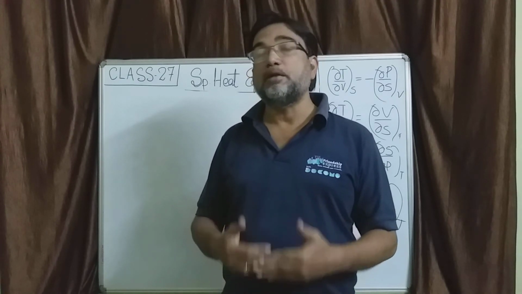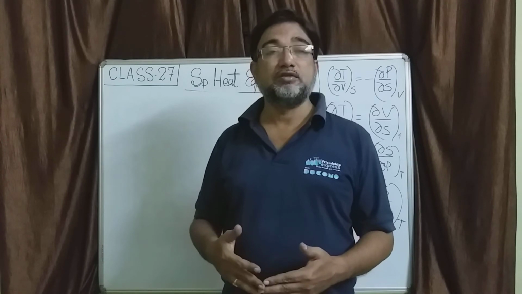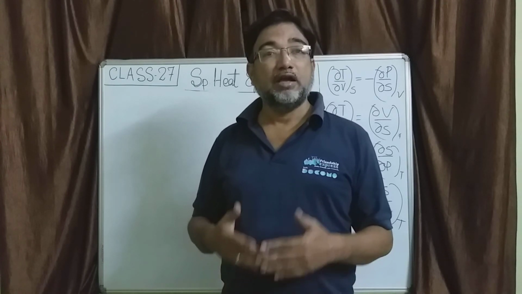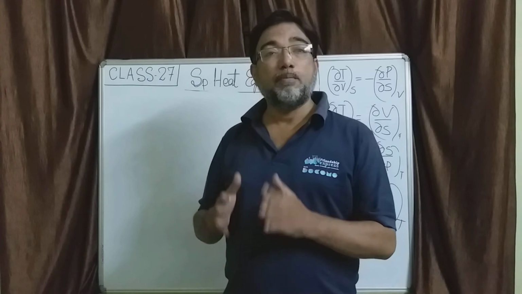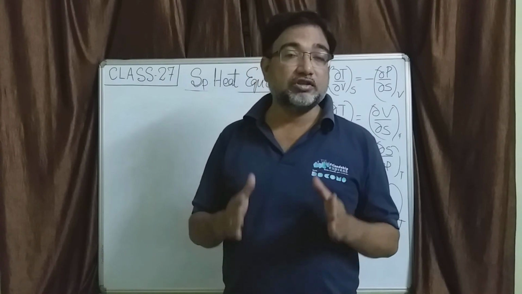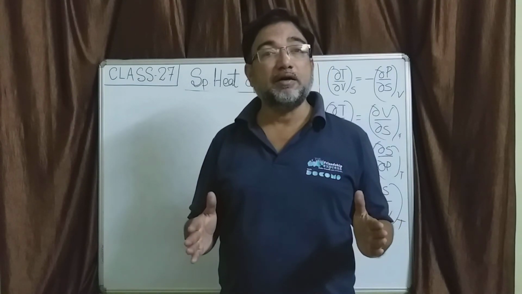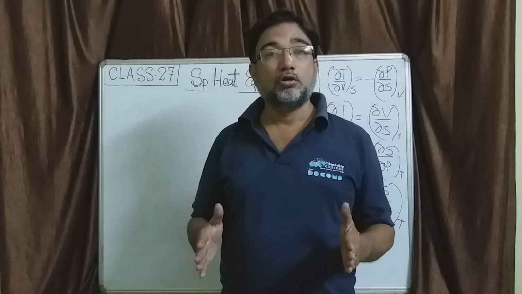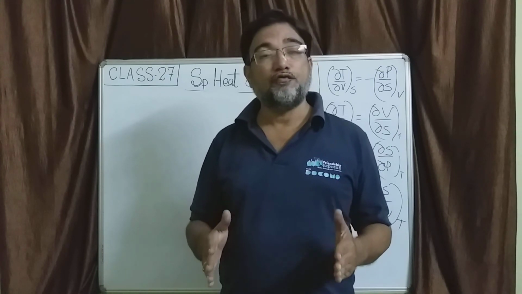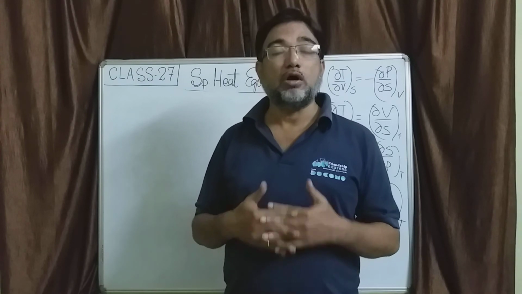And today we concluded mathematically that Cp minus Cv is greater than 0, and that Cp is greater than Cv by an amount equal to R. What is R? R is the characteristic gas constant or specific gas constant. But this statement Cp minus Cv is equal to R is true only and only and only for an ideal gas which obeys the law PV is equal to RT.